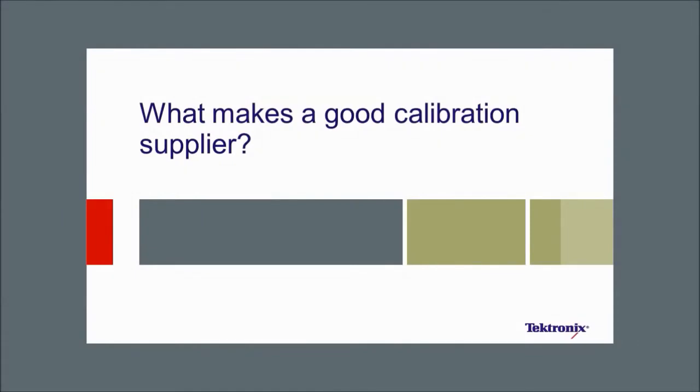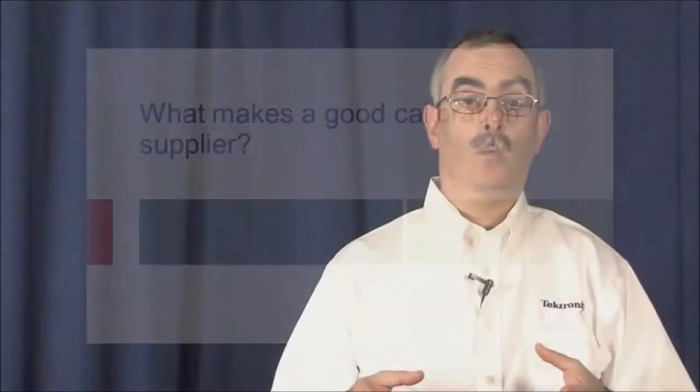We mentioned that you need a good supplier. What does a good supplier consist of? Well, a good supplier has a few basic requirements that they have to meet, and these are things that can be identified and verified fairly easily. They need to have a good quality program in place that says they have process control and repeatable processes within the organization, so that they have a way to manage their suppliers. They have a way to manage the tools and information used to support your device.